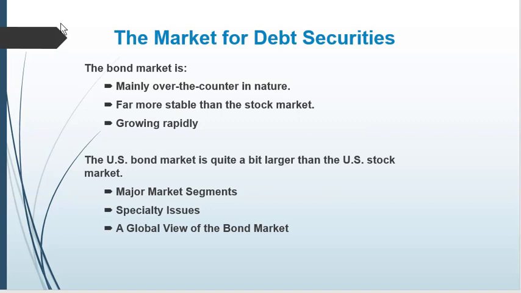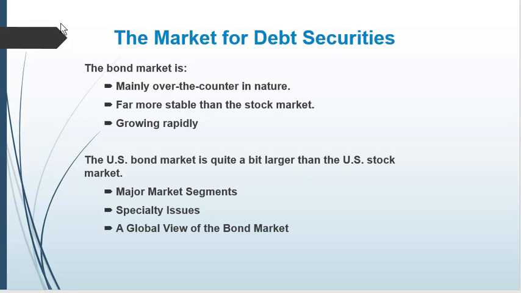So the bond market is essentially an over-the-counter market, right? It really doesn't trade like stocks trade. They say here that it's a little bit more stable than the stock market, and I believe that's probably true because essentially it's more certain than the stock market. And there is some growth in this bond market.